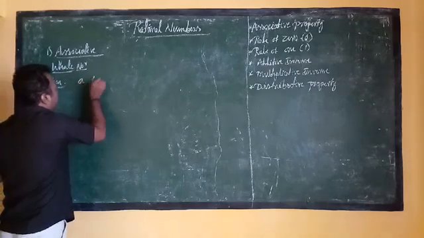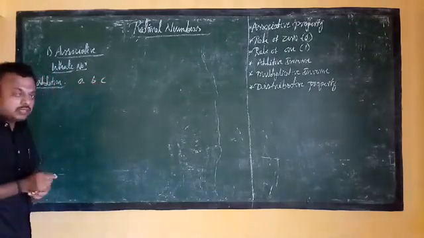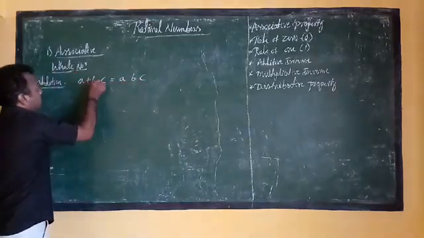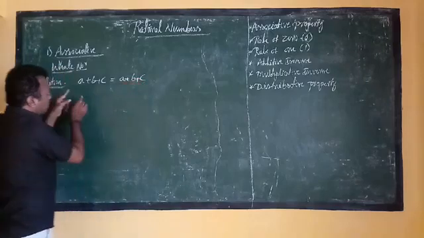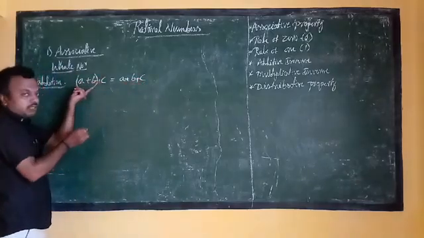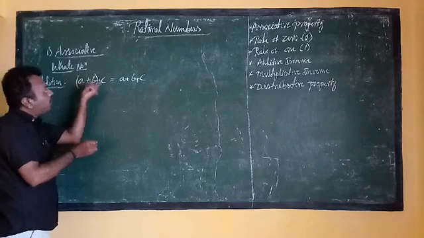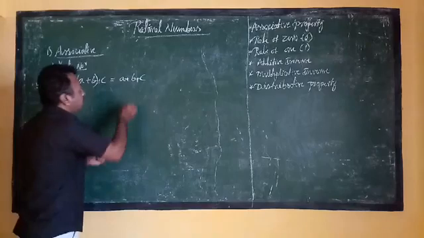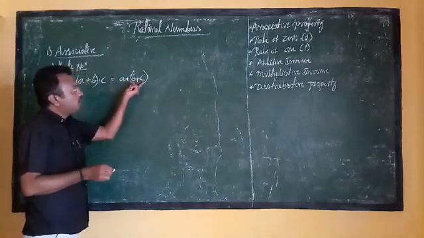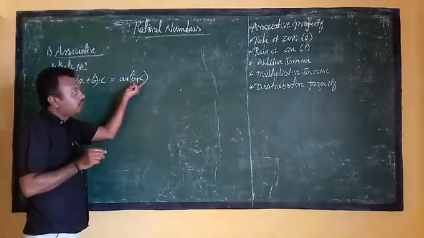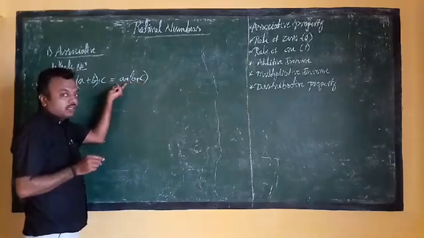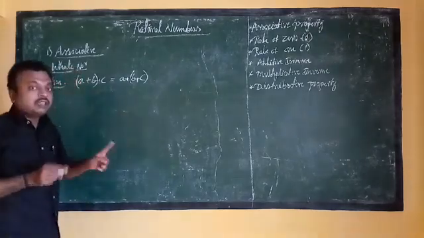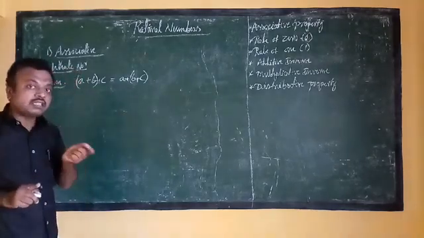For example, take any three whole numbers A, B, C. On the LHS side, first add the first two numbers and add that sum to the third. On the RHS side, first add the last two numbers and add that sum to the first number. When you do this, the result remains the same on the LHS and RHS.